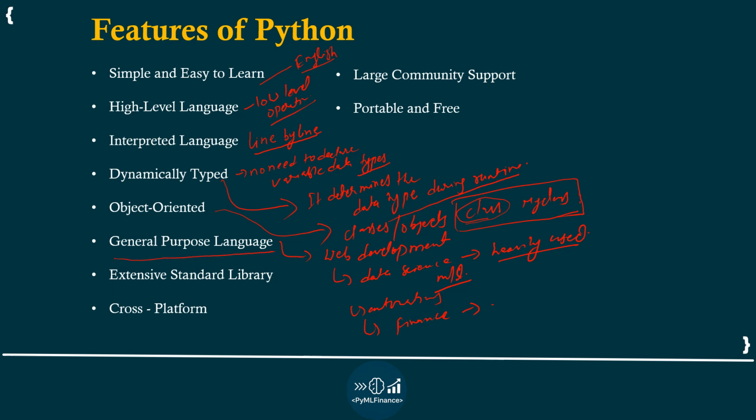Python has an extensive standard library. Python provides built-in modules for file handling, mathematical computations, web services, etc. If I talk about some libraries, Python provides libraries like Django and Flask for web development, numpy and pandas for data analysis or data science, and inside data science, for machine learning, libraries like scikit-learn.